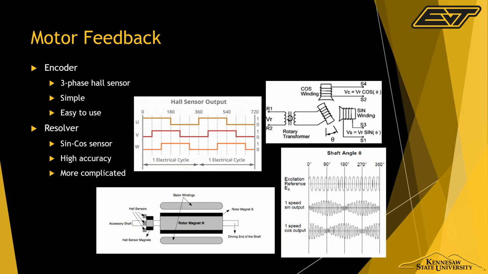Which actually reminds me. If there is a large difference between the Hall sensor output and the actual position of the motor, then the motor will jolt really bad. That's because the windings aren't lined up with the magnetic field, so it'll go in a different direction, which could be completely unpredictable, and that's going to cause very, very high currents coming from the motor controller, which isn't good for the motor controller or the motor.